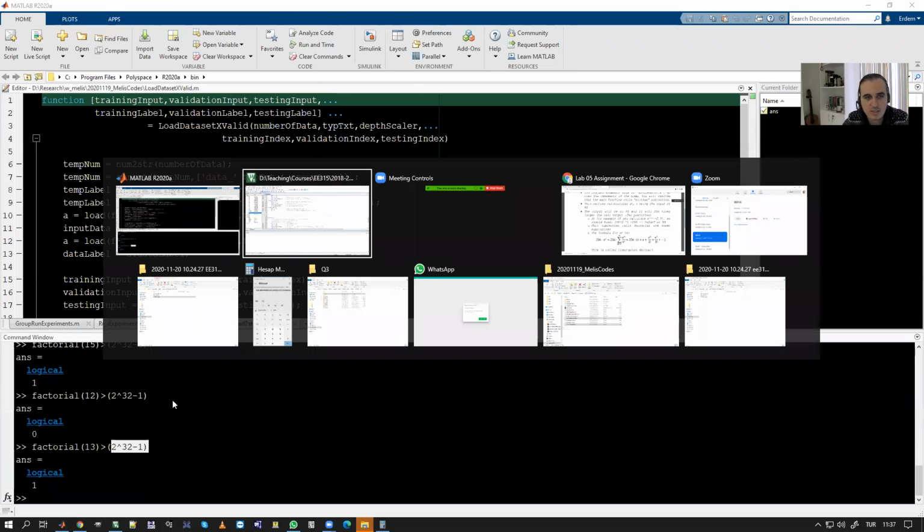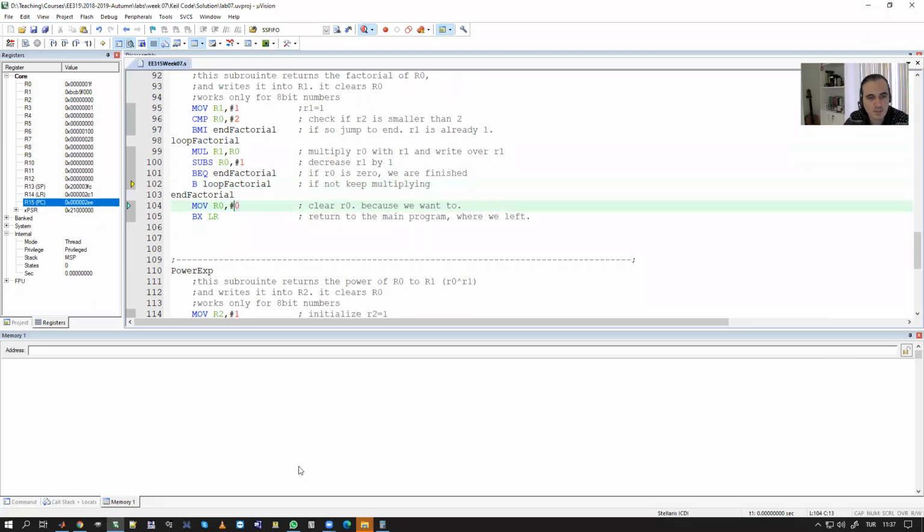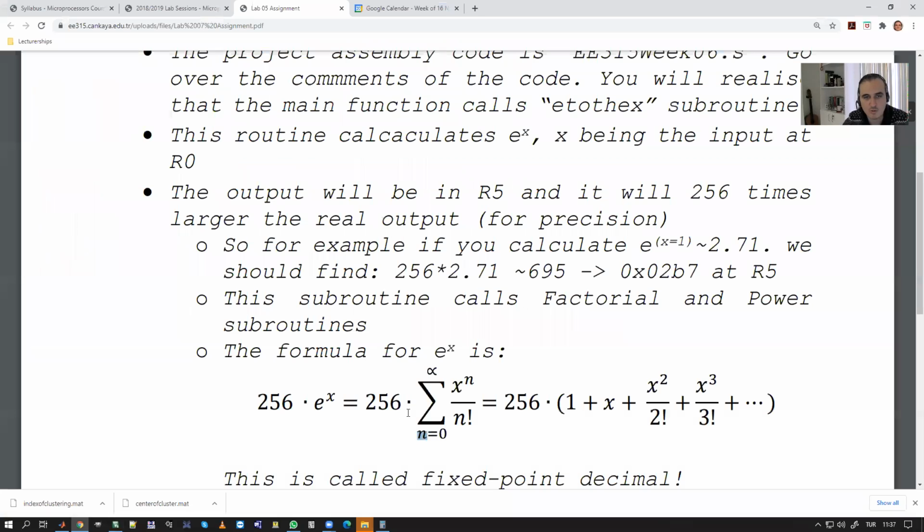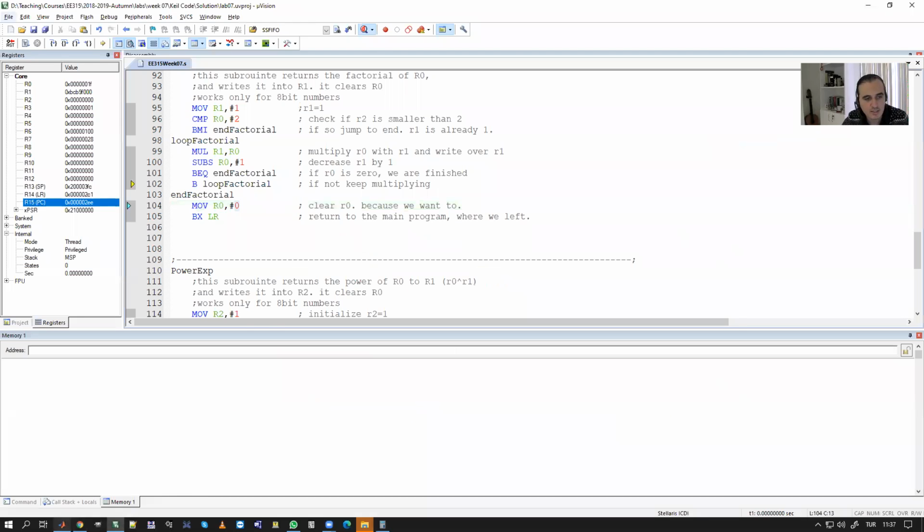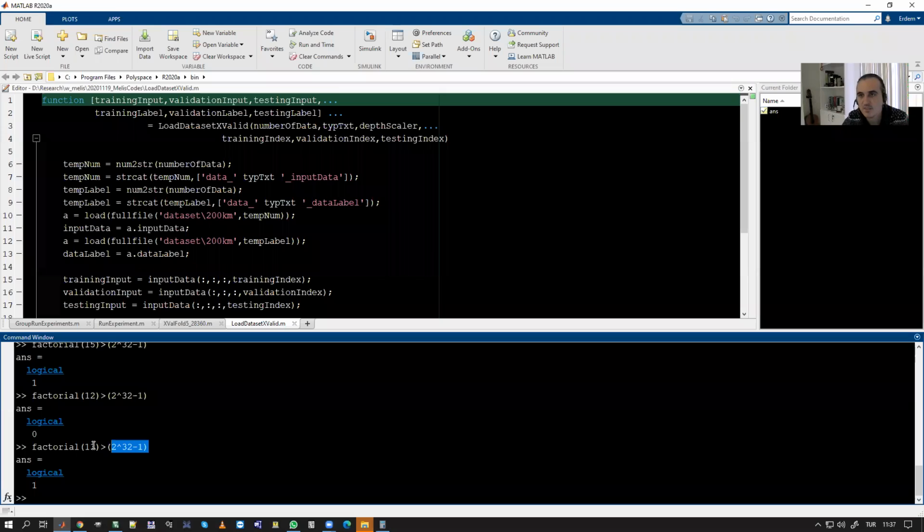So what I'm trying to say, guys, is that in this loop we are running this loop 40 times, right? And when you're running it 40 times, you have to calculate the factorials up to 40 factorial. However, we are using a 32-bit system, and our system is not capable of representing factorials over 13 factorial.